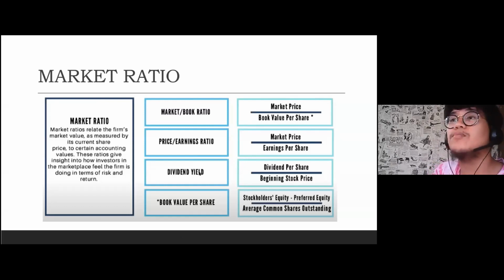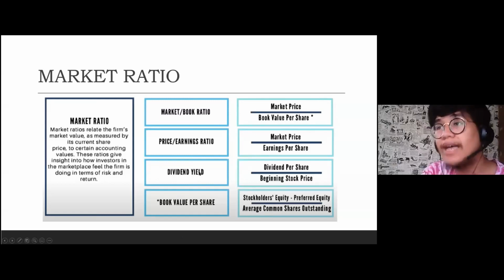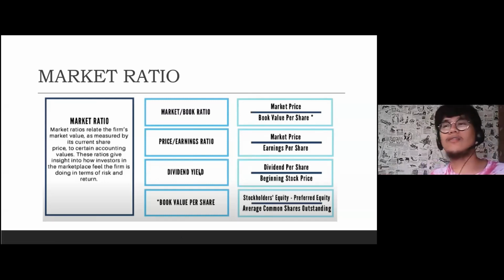Market to book ratio is calculated by dividing your market price, kung paano binebenta or binibili, over your book value per share. Pero kailangan muna natin computein si book value per share. How? Book value per share is calculated by subtracting your preferred equity from the shareholders' equity and dividing it all by your average common shares outstanding.